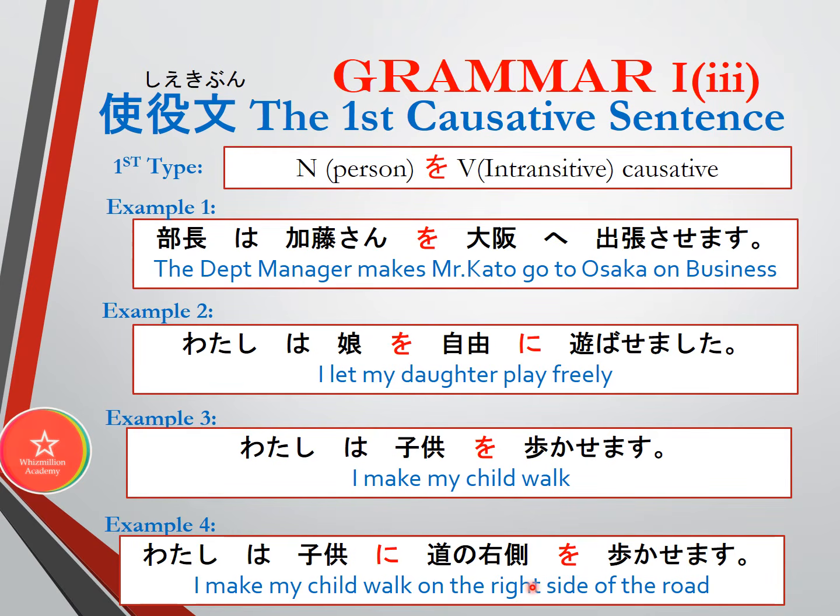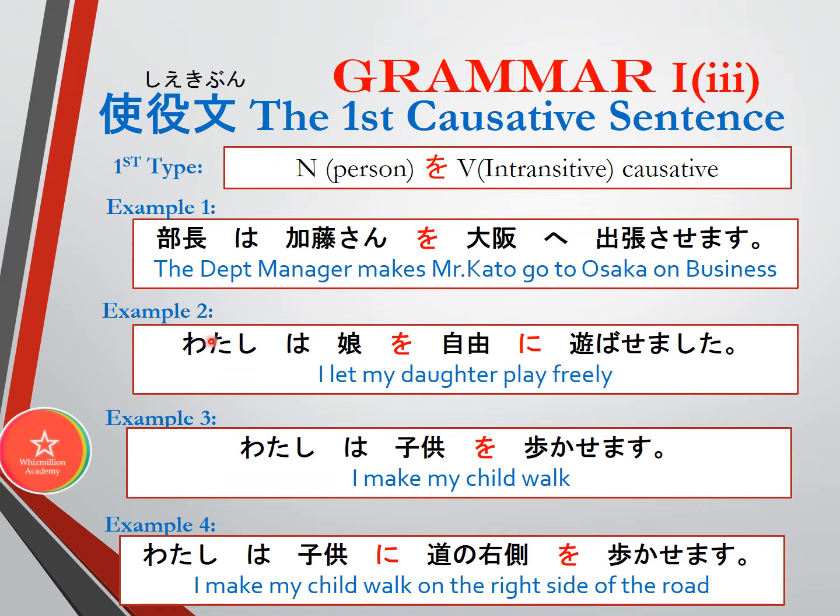If you look at example 1, this is Osaka. Osaka is also a place, but it's a destination because he's going there. So the particle here is not を but へ. However, for example 4, the particle here becomes を because this is a location where he's walking. Example 1 is a destination, so the particle is not を.